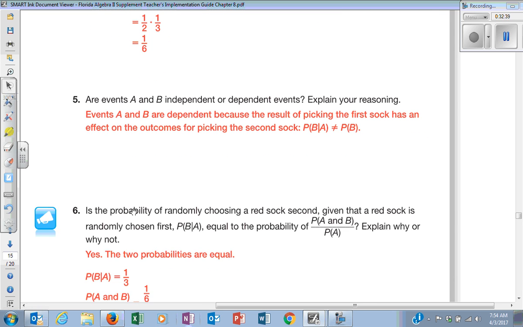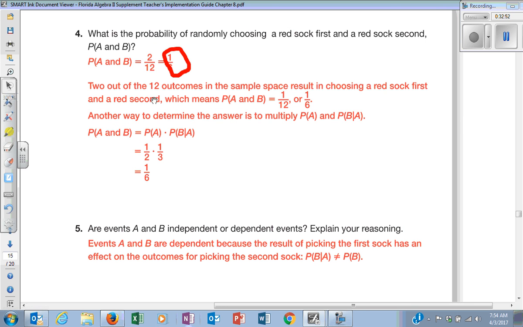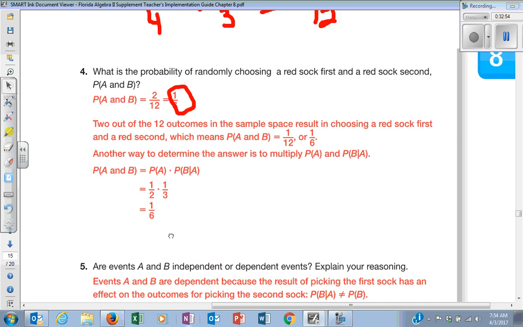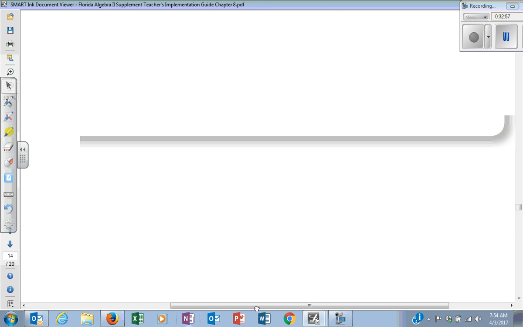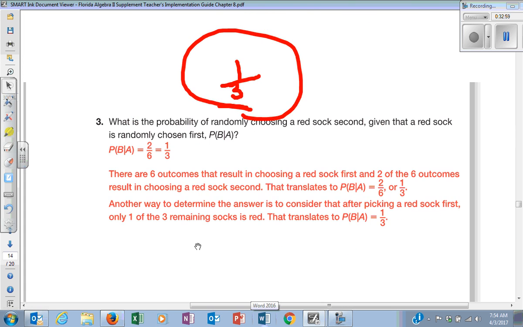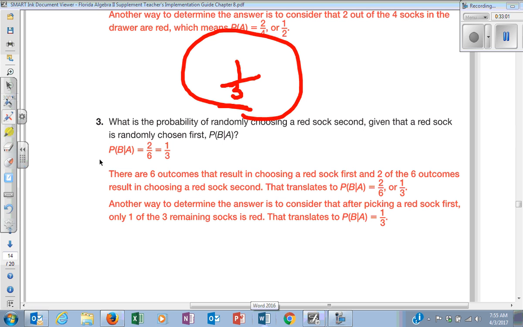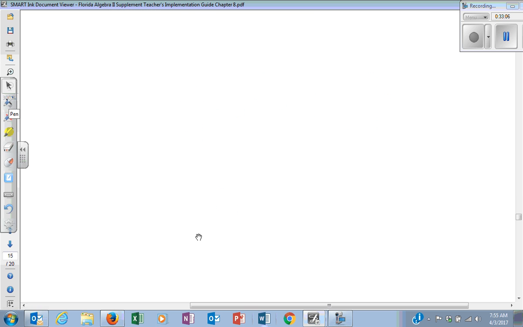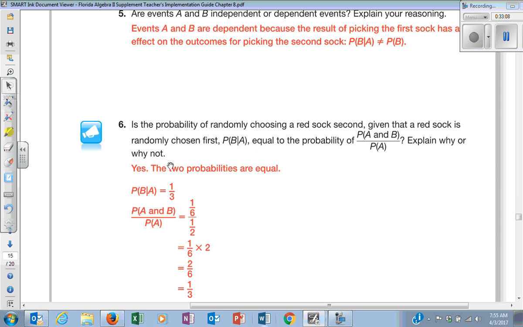It's the probability of randomly choosing a second sock given that a red sock is randomly chosen first. Are those two equal using this formula? So what they do is they go down here, and we know the probability right here, probability of B given A is 1/3, so we know that fact. Then they use this formula to figure out if they're equivalent.